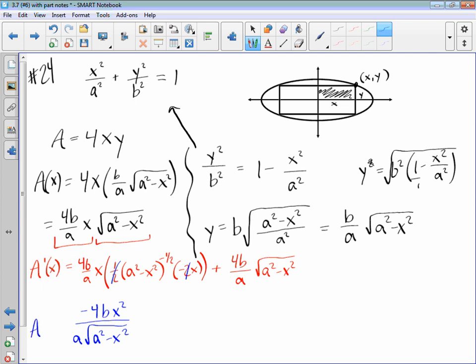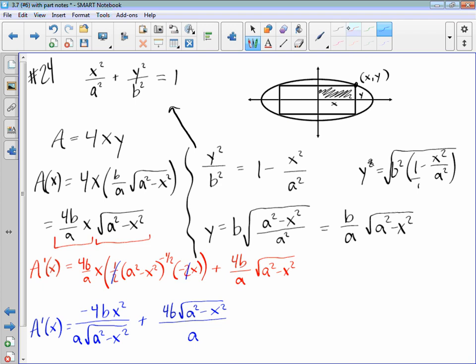And I'm just going to rewrite the derivative so I don't forget what's what here. And then back here, this would be in the numerator, so I'll just write it as 4b square root of a squared minus x squared, and then that's over a. And if I'm going to have to set this equal to 0, it's going to be easier if I get a common denominator.